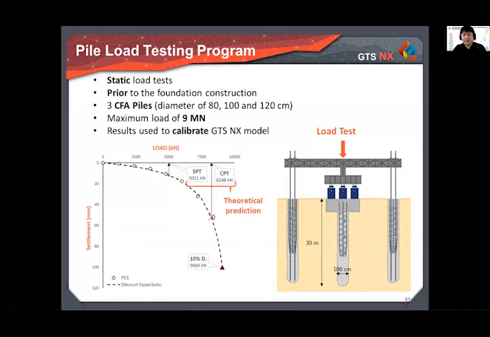The prediction of the pile behavior based on the CPT is much closer to the measured pile load test, which is mostly explained because of the nature of the test, which is much more technical than the SPT. And in GTS NX, the results from the pile load test were used to define the properties of the pile. It is very important to have pile load tests when designing building foundations, especially high-rise buildings.